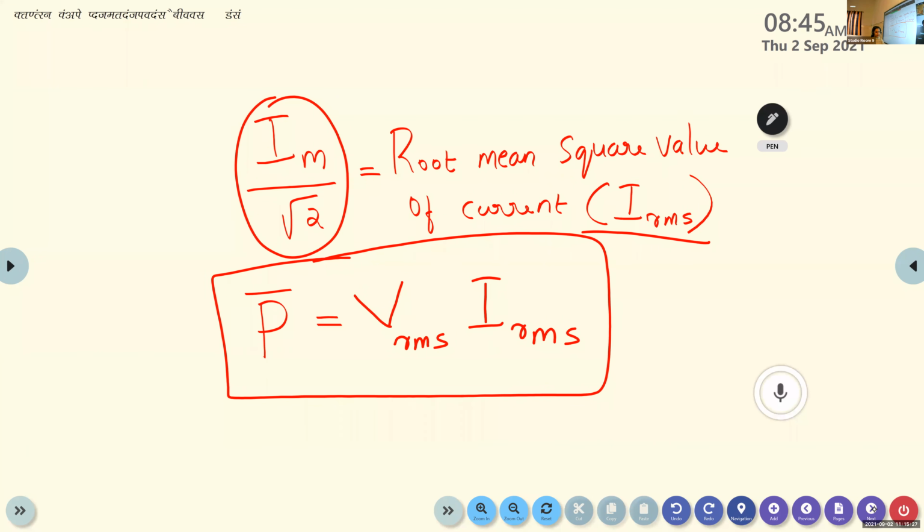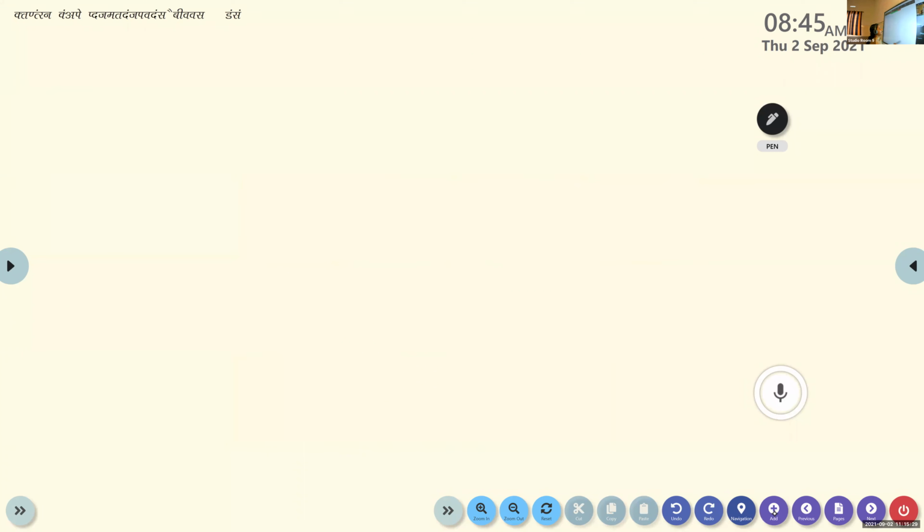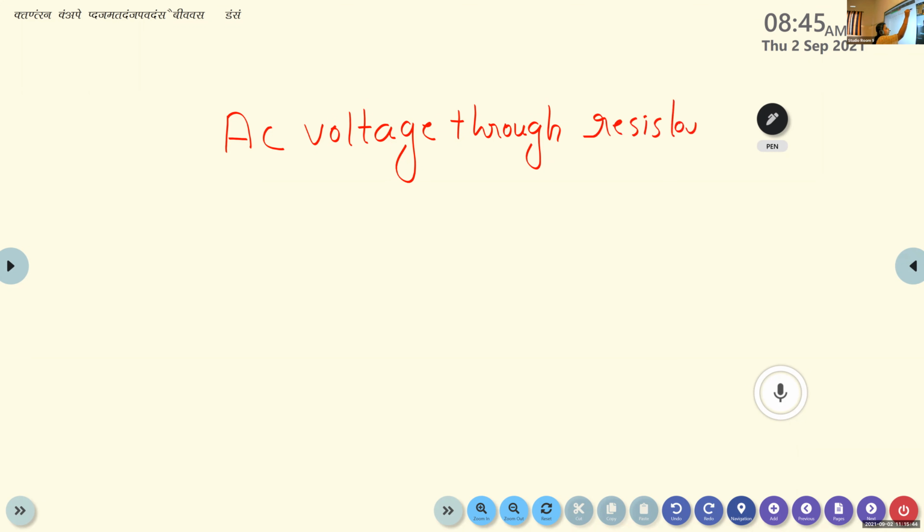So in effect, the final expression of average value of power becomes P bar is equal to Vrms into Irms. Here, once again, I recollect all the equations for AC voltage through resistor. We are starting with an alternating source of voltage. In the case of AC voltage through resistor, the EMF is given by V is equal to Vm sine omega t.